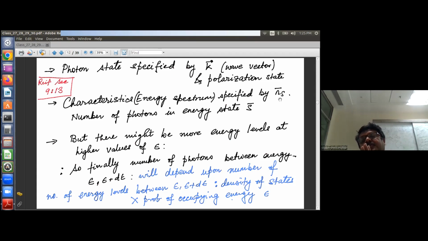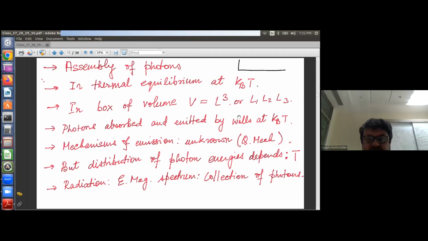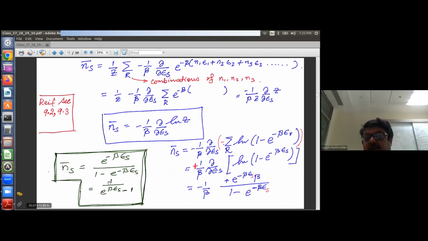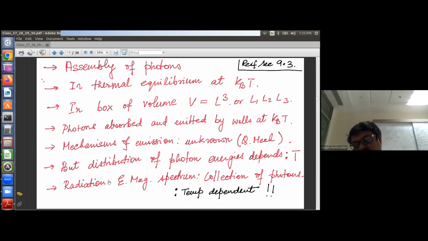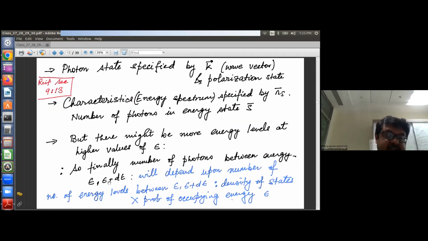How many photons do you have at medium energies? How many photons do you have at higher energies? So if this n bar s changes as you change temperature, you will get a different spectrum. So we are really interested to calculate the number of photons in energy state s, which we already got from here. And now our destination is to figure out how the values of epsilon 1, epsilon 2, epsilon 3 are decided, right?